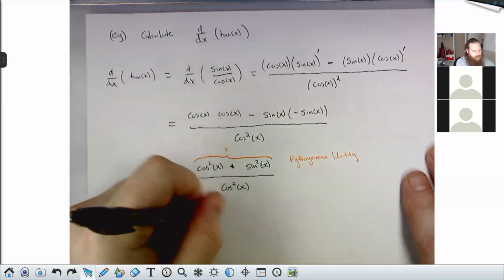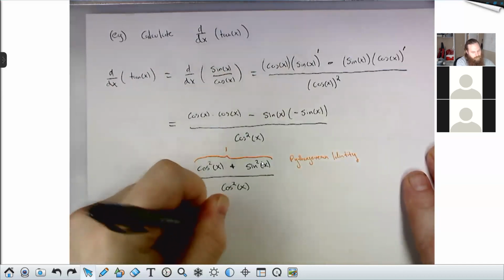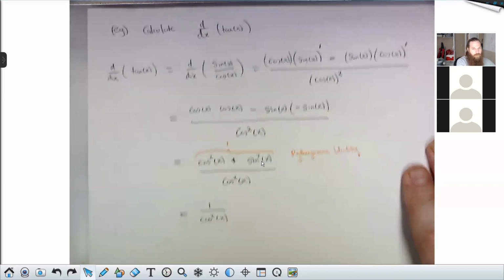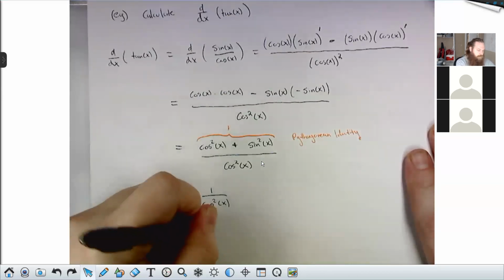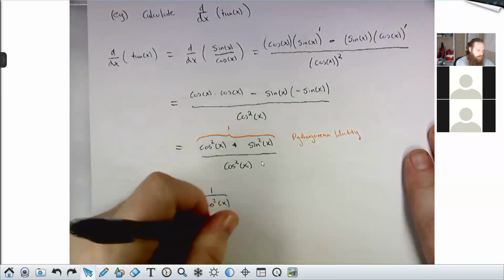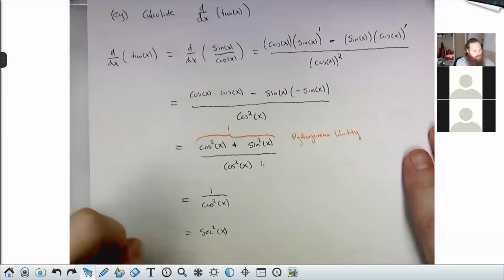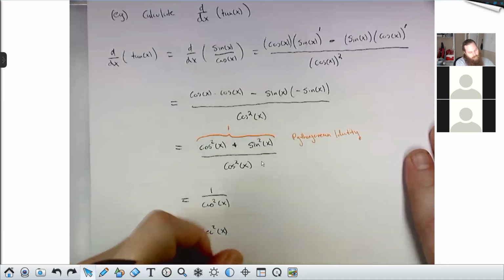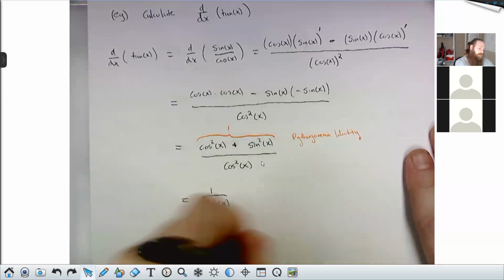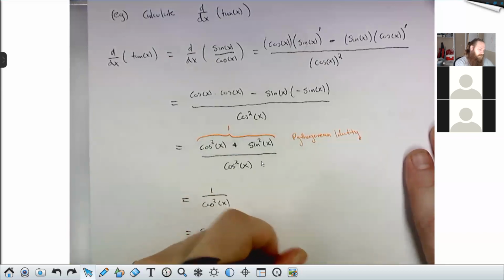So this is just 1 over cos squared x, which is secant squared, because secant is 1 over cosine. So the derivative of tangent is secant squared x.